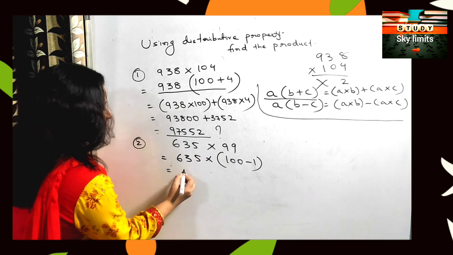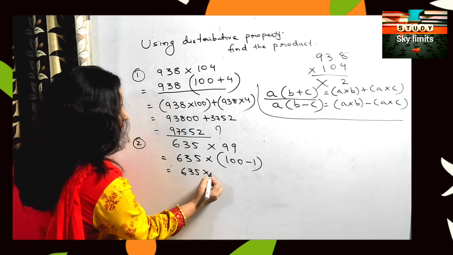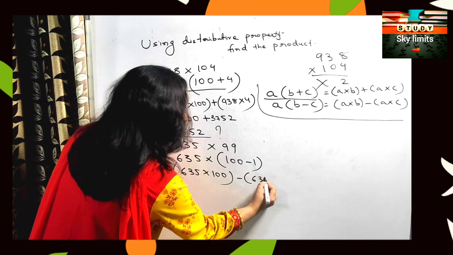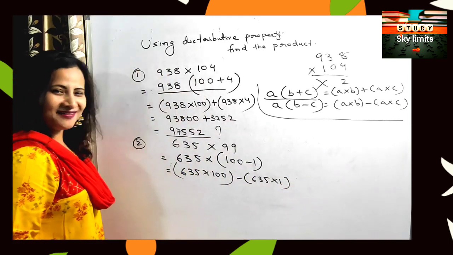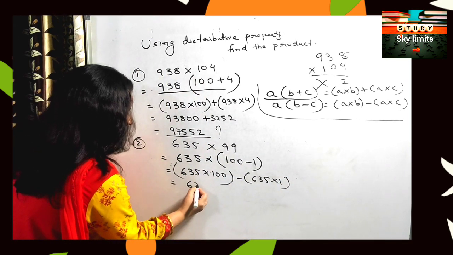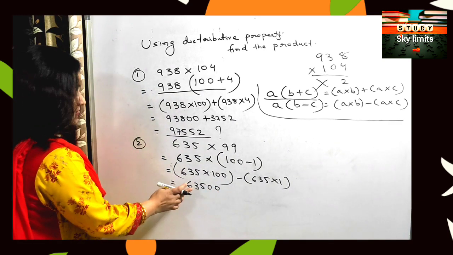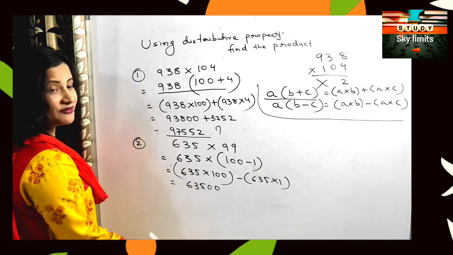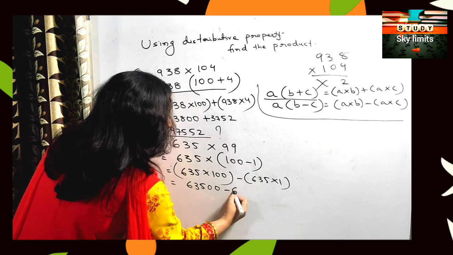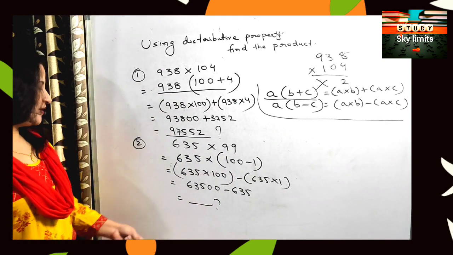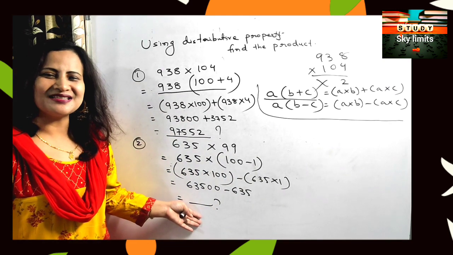So 635 multiplied by 100 minus 635 multiplied by 1. This makes the calculation so simple. It becomes 63,500 minus 635. And you know how to subtract after this.